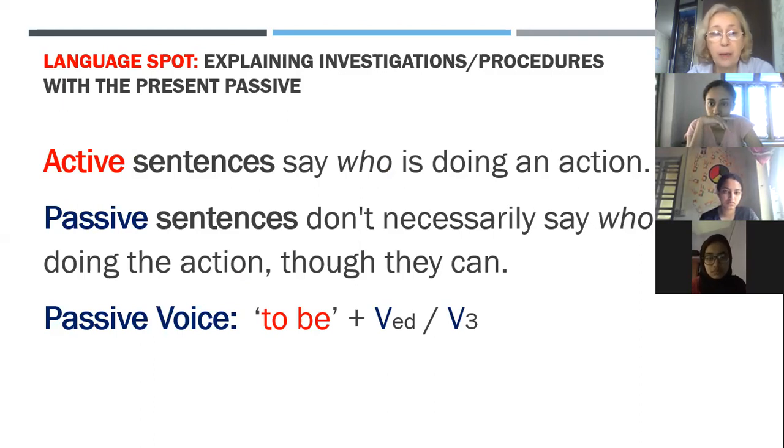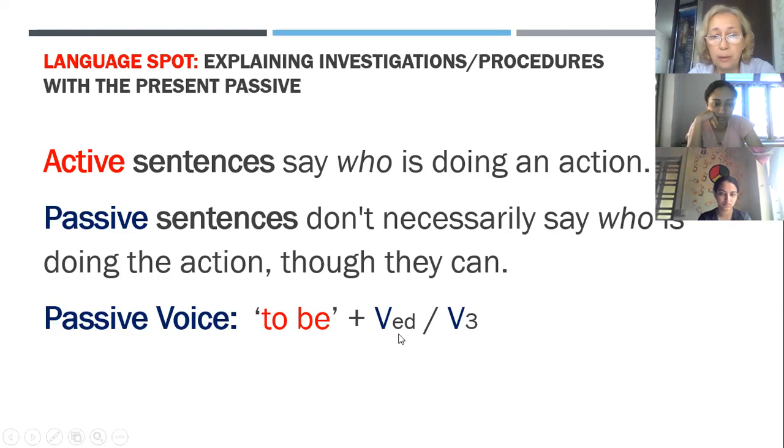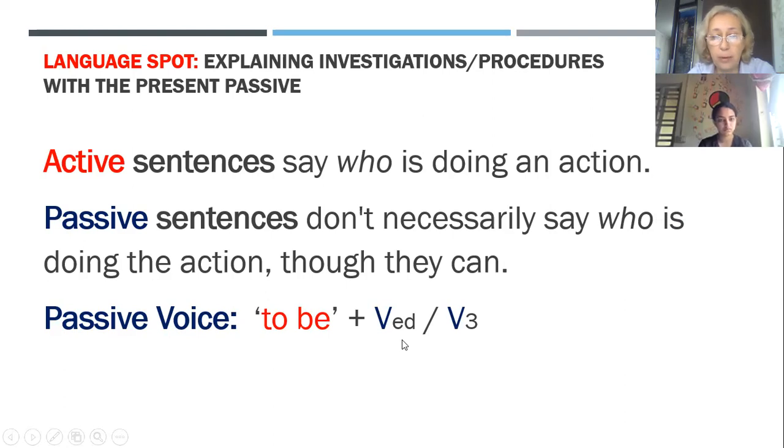And there is the formula which is used to make passive voice sentences. The present simple passive consists of two parts. The first part, as you see on this diagram, is the verb to be. And the second part is the main verb in the third form. The form of the verb depends on whether the verb is regular or irregular.